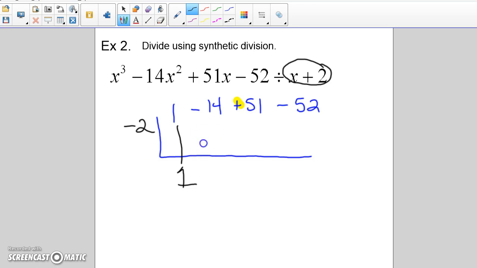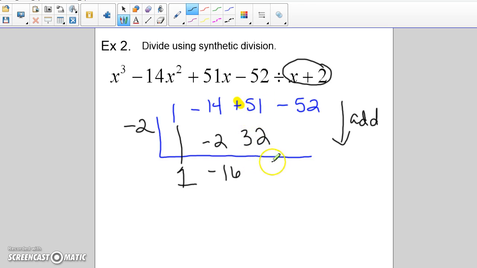Well, negative 2 times 1 is a negative 2. And remember, as I move down here, I'm adding. What's negative 14 minus 2? That's a negative 16. Then I say, what's a negative 2 times negative 16? That's a positive 32, and I add going down.